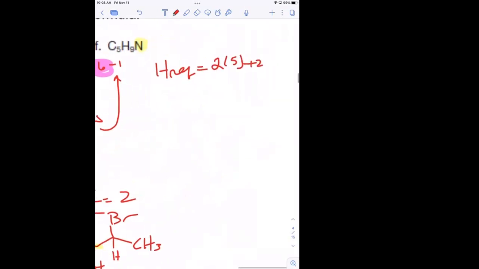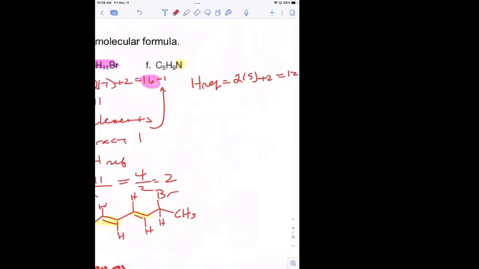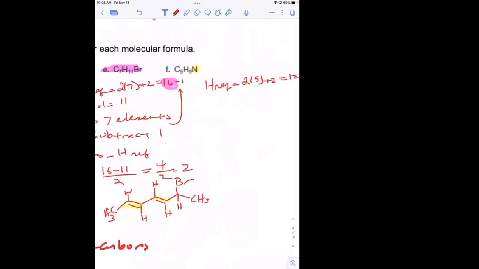So H rep in this case is going to be 12. Is that right? H rep is 2 times the number of carbons plus 2. And then H molecule is 9. That's whatever number is there.